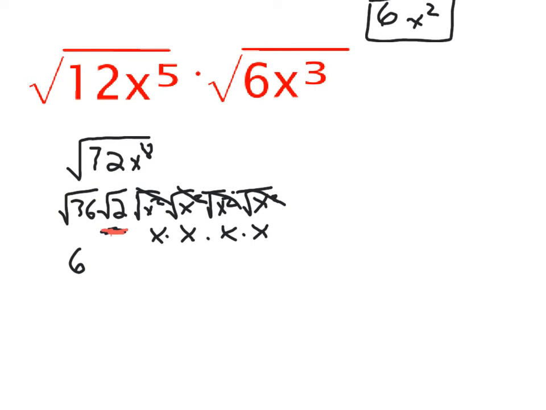And they're all being multiplied together, as all of this is. So that's 6x to the 4th now, but we still have the square root of 2. That could not come out of the square root bar. So our new simplified answer is 6x to the 4th square root of 2.